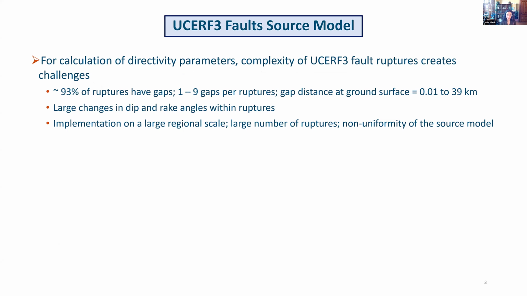For instance, about 93% of the fault ruptures in UCERF3 have gaps or step-overs, and sometimes you can have up to 9 gaps per rupture. The gap distance at the ground surface can be up to 39 kilometers. Of course, at some depth, the segments have to be within 5 kilometers of each other, according to the rules for the development of UCERF3.